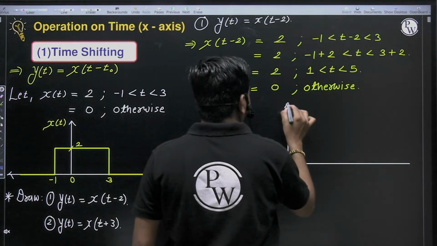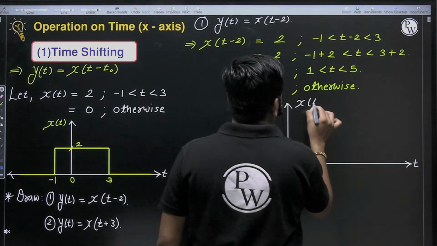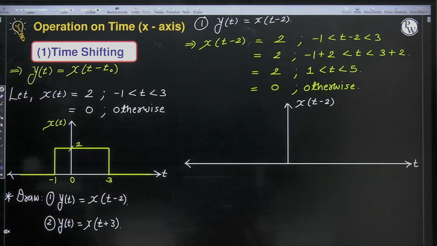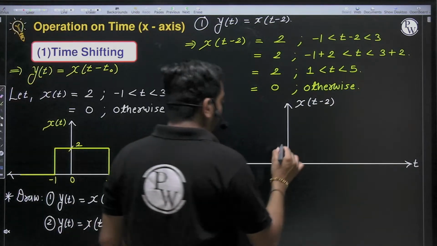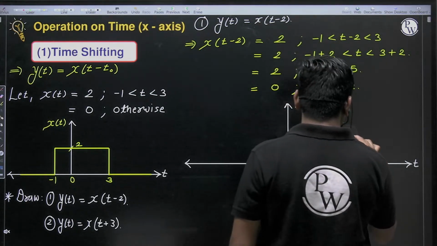Draw graphically and tell me. So this is x of t minus 2. Now the amplitude is 2 between 1 and 5. Is there any change in signal width? No, guys.